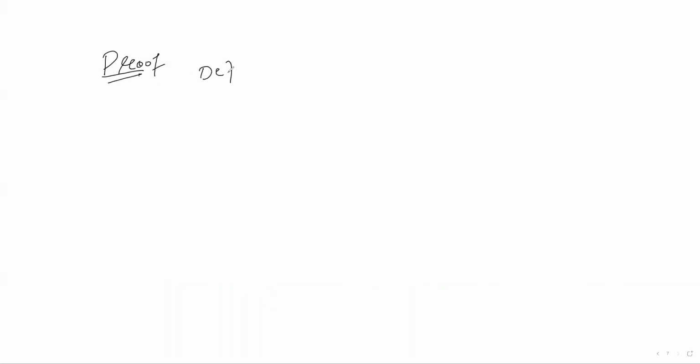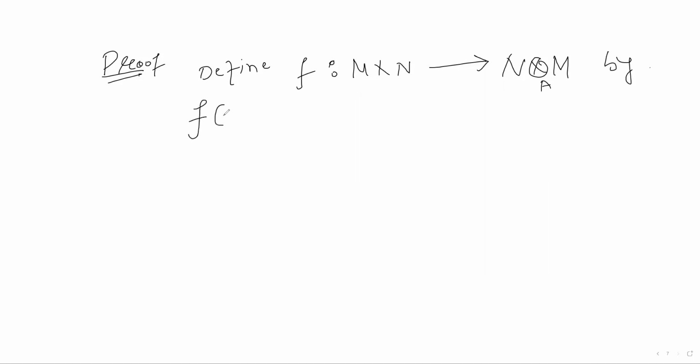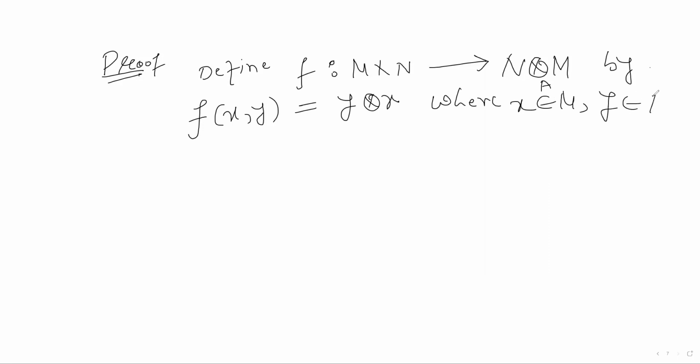Define a mapping F from M cross N to N tensor product M over A by F of (x, y) equal to y tensor x, where x is in M, y is in N. Then this mapping F is bilinear.